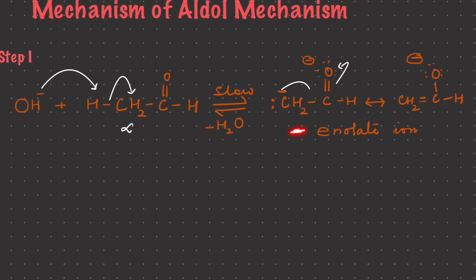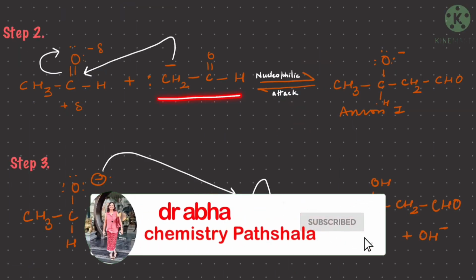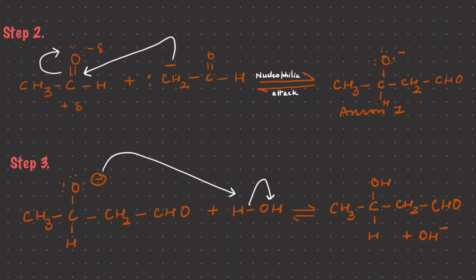This enolate attacks the carbonyl carbon. This is the enolate which was produced in the first step with the help of the base. The negative charge of the enolate attacks the carbonyl carbon, just like in nucleophilic addition, the way you saw the nucleophile attacking the carbon, and you get an anion.